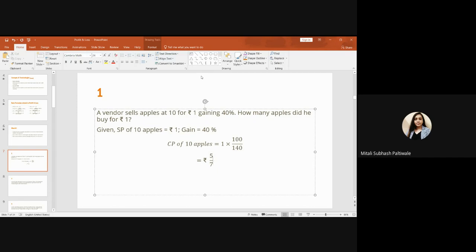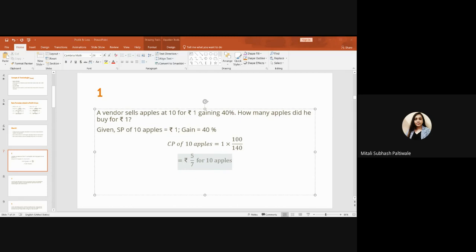Now see, what I was supposed to tell you is rupees 5 by 7 for 10 apples. The cost price is 5 by 7 rupees for 10 apples.